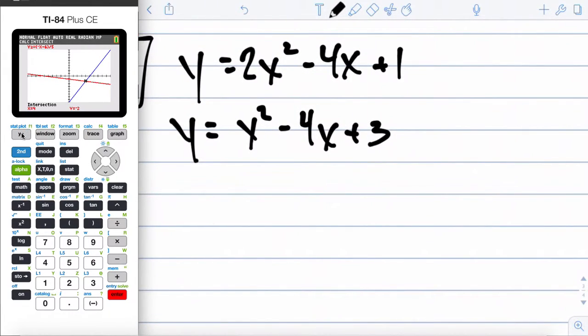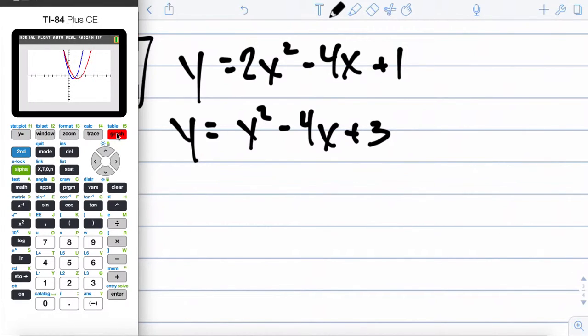Again, I go to y equals, I clear both equations, and then I get 2x squared minus 4x plus 1, and x squared minus 4x plus 3. And I hit enter. Now again, probably the same window, zoom 9.